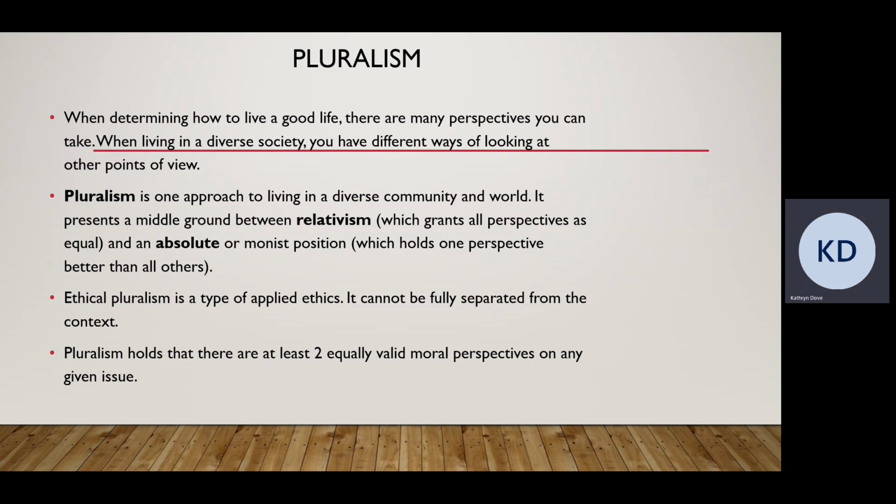Religious diversity would also fall within pluralism. One person might be Catholic, somebody else might be Mormon, someone else might be atheist, someone else might be Jewish. As long as we can recognize that there may be at least 2 equally valid moral perspectives on the issue of religion, then we can all coexist.